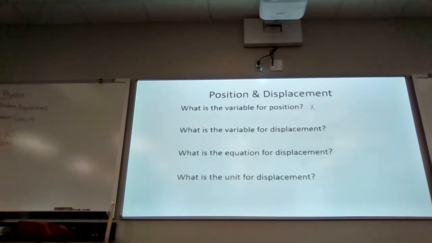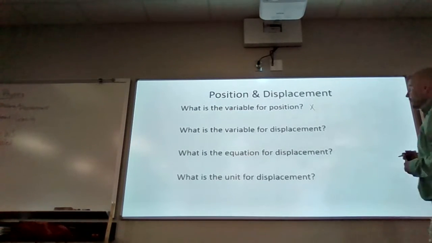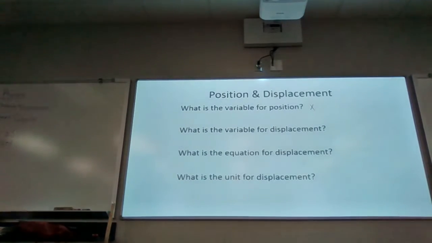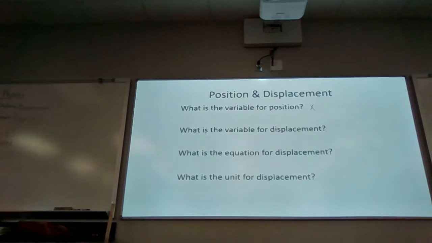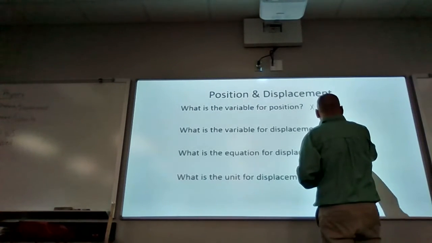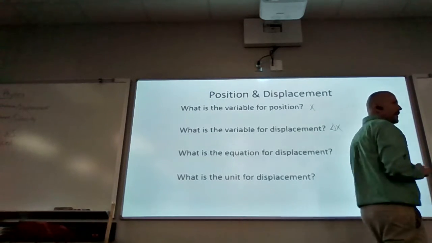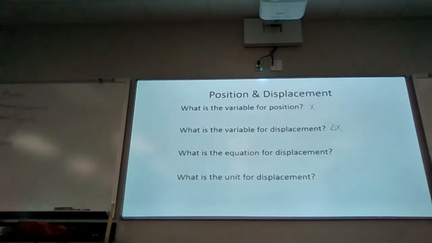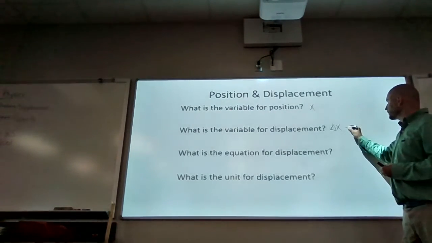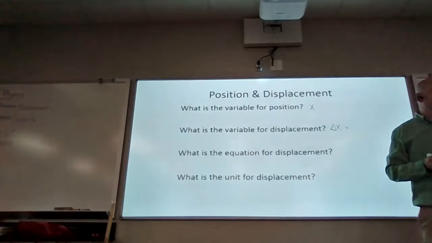Oh, I like solving for x. Okay, that's for position. That's very specific. The variable for displacement. So we said that displacement was the change in position, right? So how do you think we'd write that? Yep. There it is. Delta x is displacement. And the equation for displacement is going to be, how would we solve for it?